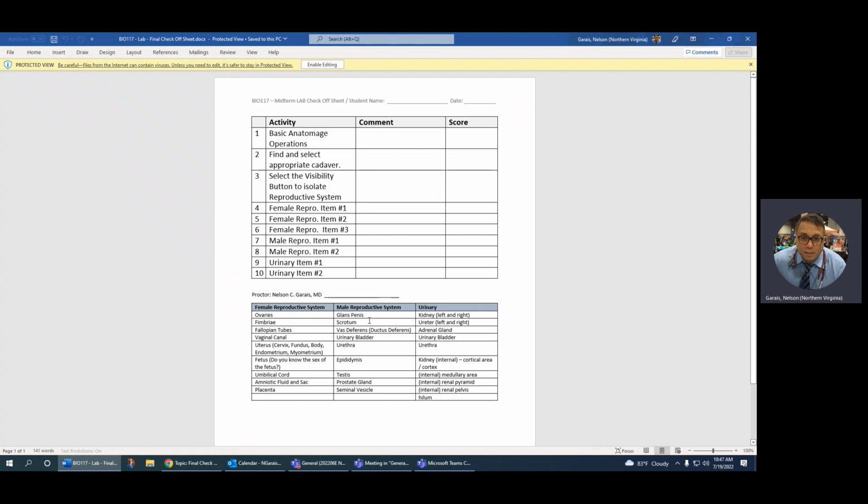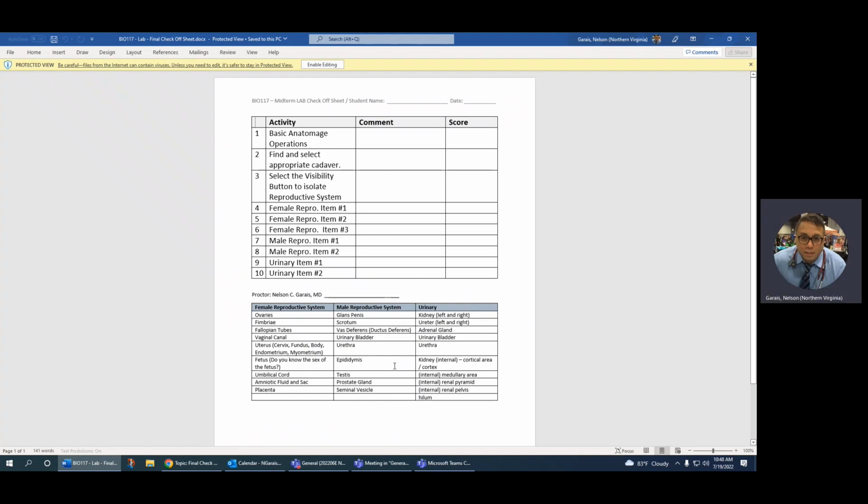Male repro, which is the structures of glans penis, scrotum, the vas deferens, also known as your ductus deferens, urinary bladder, urethra, epididymis, testes, prostate gland, and seminal vesicle. These are the most readily seen male reproductive system anatomy in the anatomical machine.